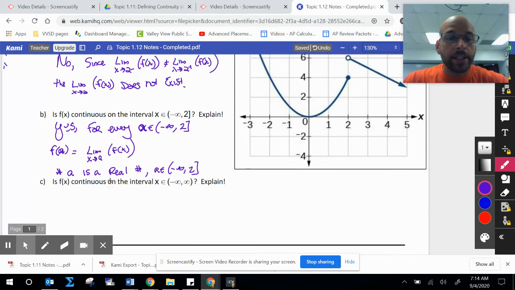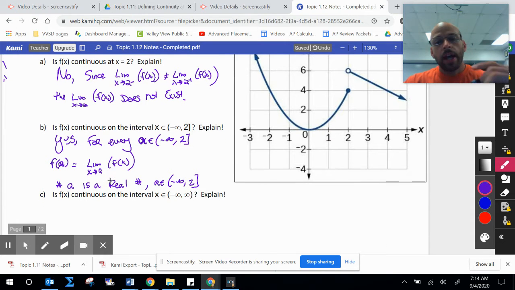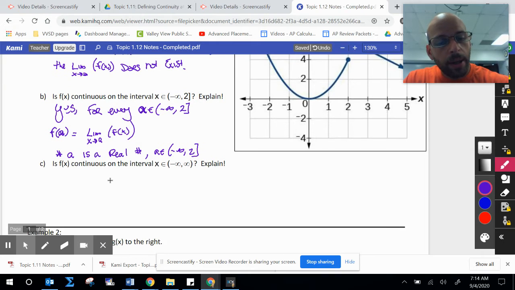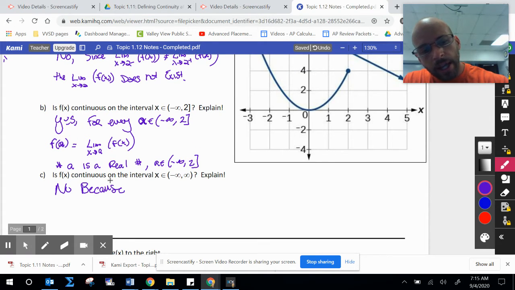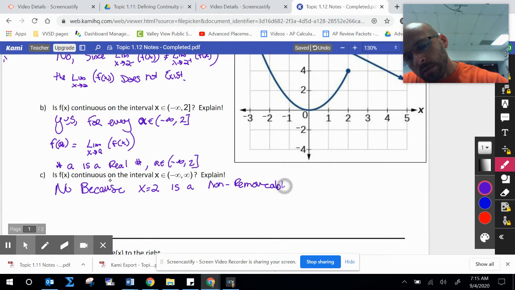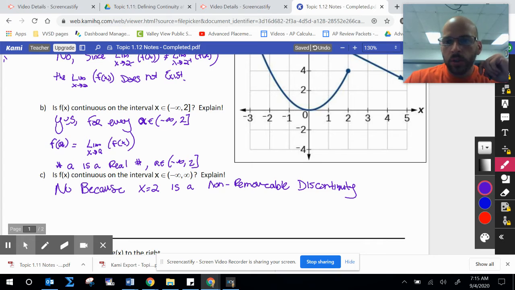Is f of x continuous on all real numbers? If I go from negative infinity to positive infinity, that includes 2. And I'm going to say no, because x equals 2 is a non-removable discontinuity, and that's within the interval negative infinity to infinity.